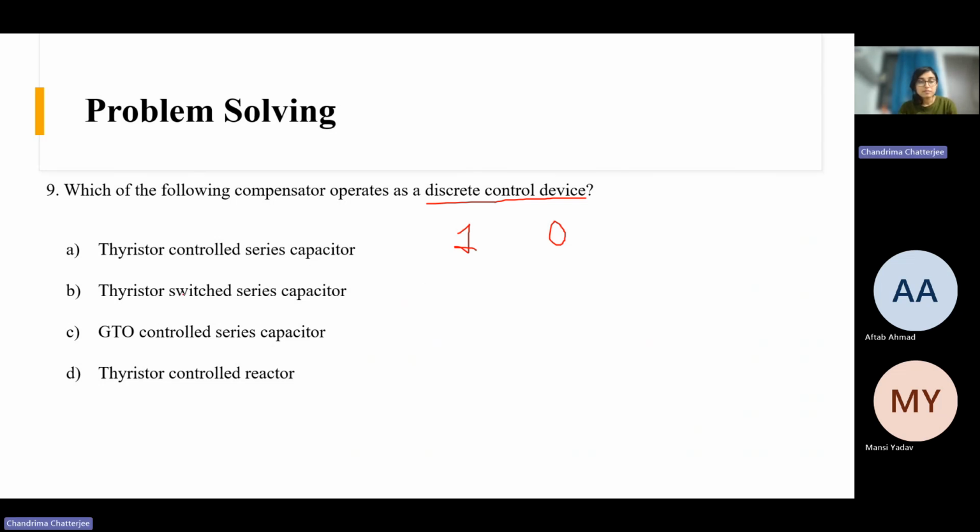TCSC is not discrete. Thyristor switched series capacitor, this is TSSC. Next is GTO controlled series capacitor, then thyristor controlled reactor. So the correct option is this, because this is a switched capacitor. This is not a controlled capacitor. This is a switched capacitor.